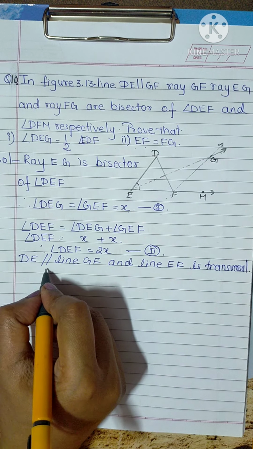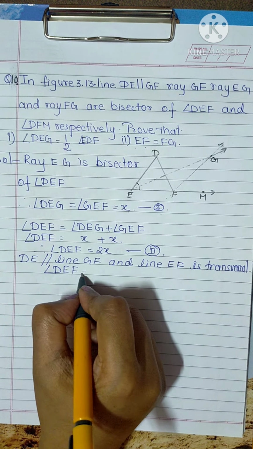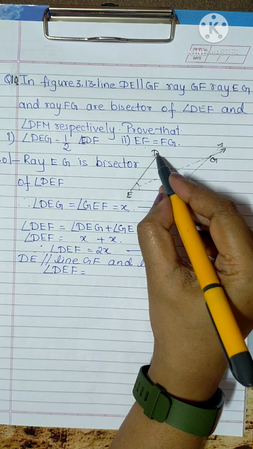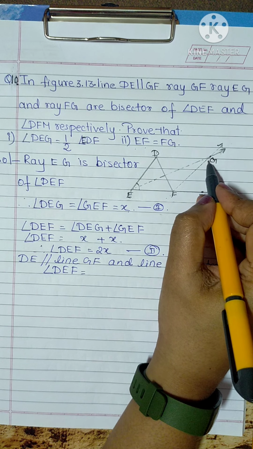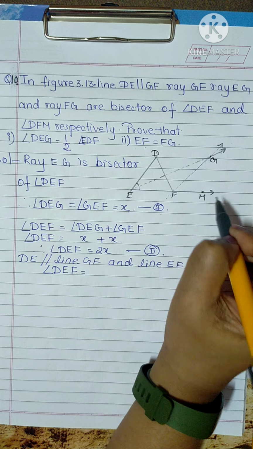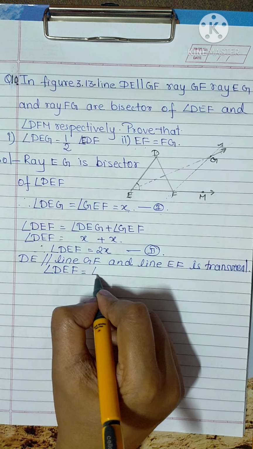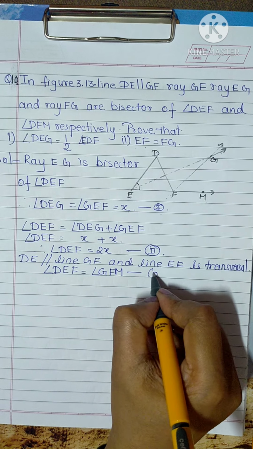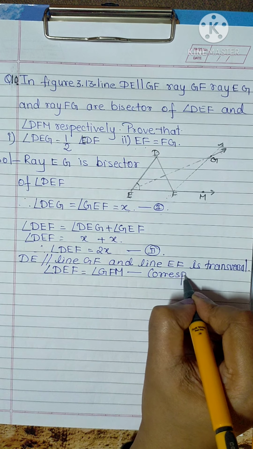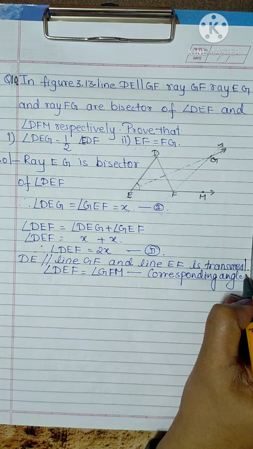So therefore angle DEF is equal to angle GFM. Why? Because of corresponding angles.